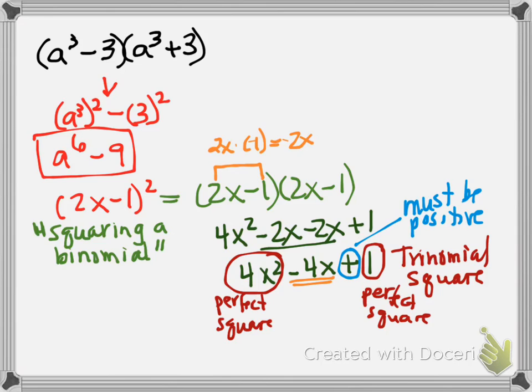So this is the product of the two terms in the binomial. But the key is, since it shows up twice, we double it. Okay? So that middle term is the product of the two terms in the binomial, so the 2x and the negative 1, doubled. 2 times negative 1 is negative 2x, doubled is negative 4x. Okay?